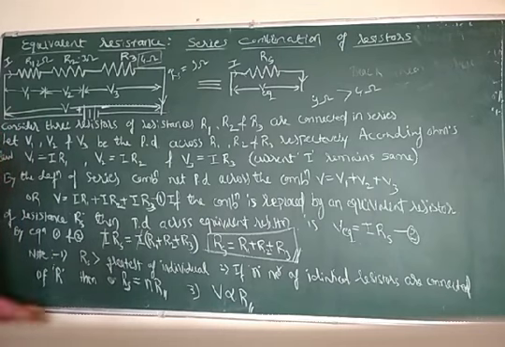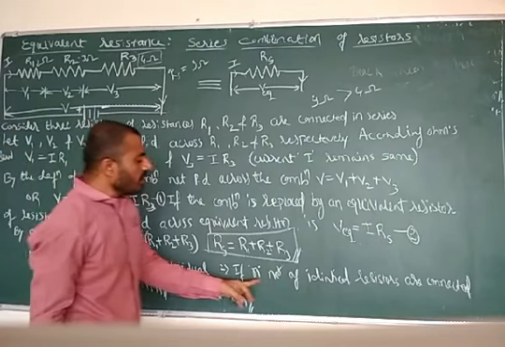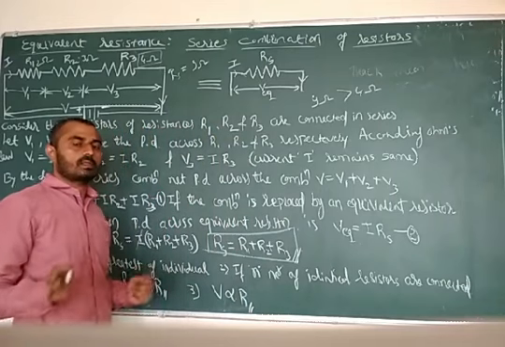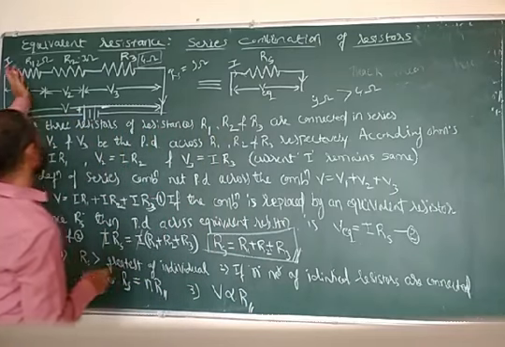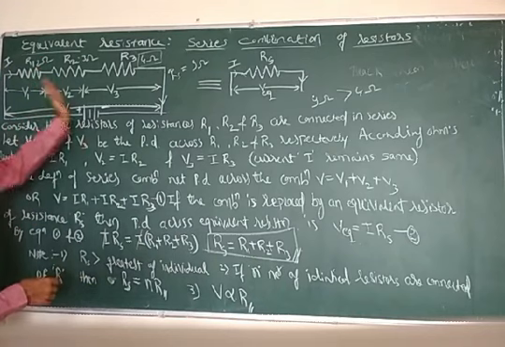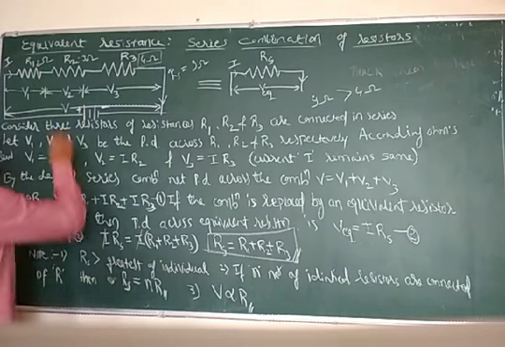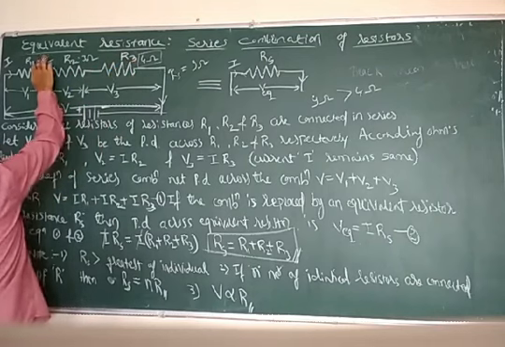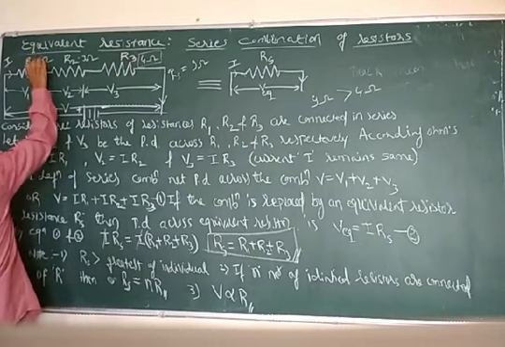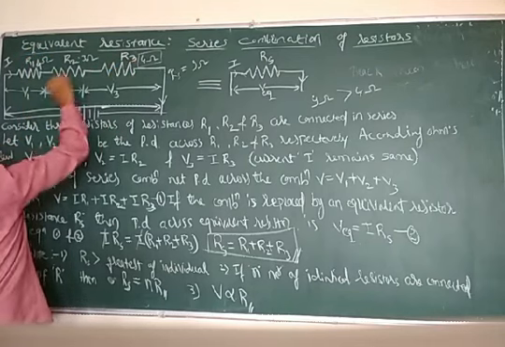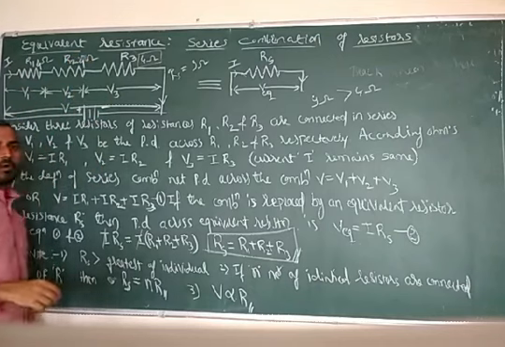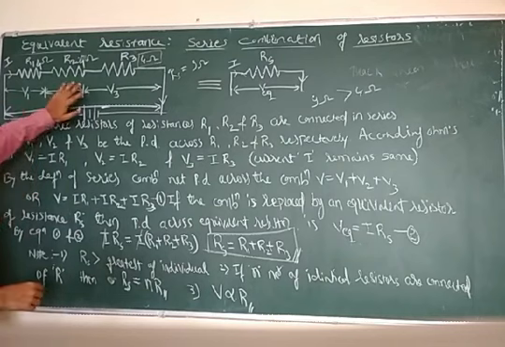First note done. Second, if n identical resistors are connected in series, it means all the resistors connected in series are of the same resistance. Instead of taking different resistances, 2 ohm, 3 ohm, 4 ohm, if all are of the same 4 ohm, R1 is 4 ohm, R2 is also 4 ohm, R3 is also 4 ohm. See now, three resistors, each of the same resistance.